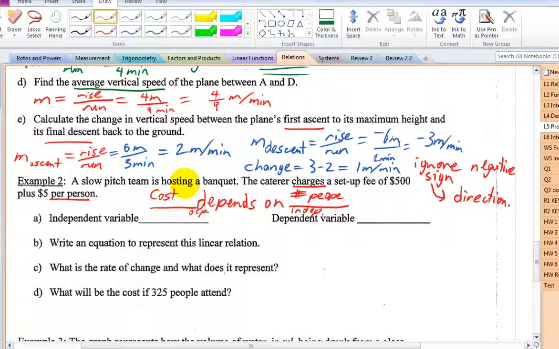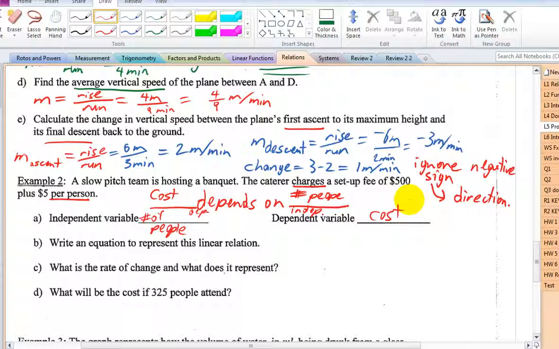So the cost of the banquet depends on the number of people that attend. That makes sense. If they were switched, the number of people would depend on the cost of the banquet. No. Okay. So the independent variable then would be the number of people, and the dependent variable then would be the cost or the charge that the caterer charges you.